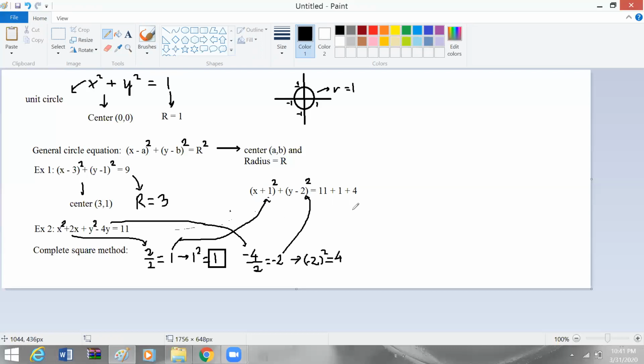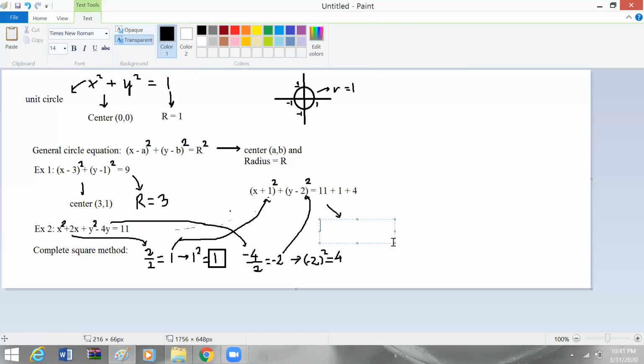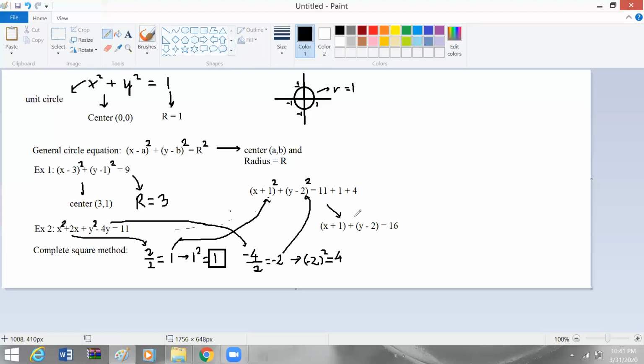So it turns out the entire equation would be x plus 1 squared plus y minus 2 squared equal to 16.